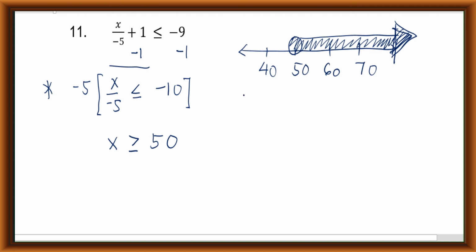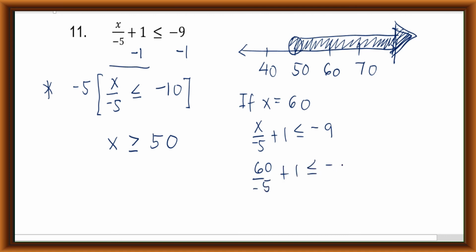Now to check if our answer is correct, let x, say for instance, be equal to 60. So we have x over negative 5 plus 1. Is it less than or equal to negative 9? So 60 over negative 5 plus 1, is it less than or equal to negative 9?